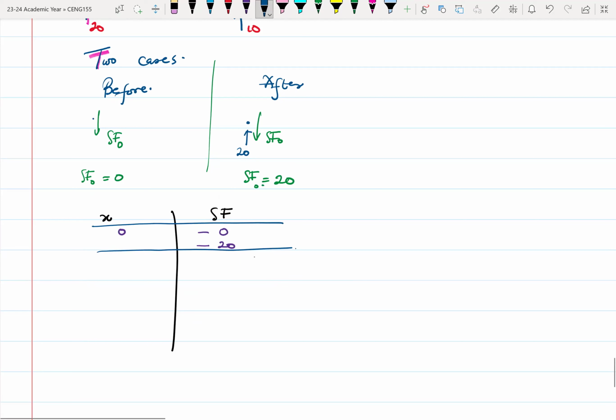When X, or the cut section, moved to 5 meters, our shear force was 20 kilonewtons. Then when we move to 10 meters, again we had two values: 20 kilonewtons, and then minus 10 kilonewtons.